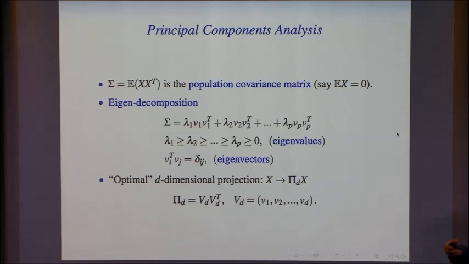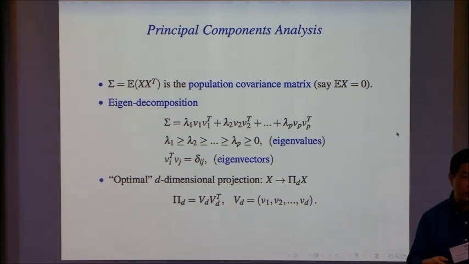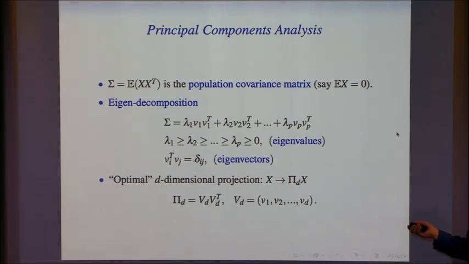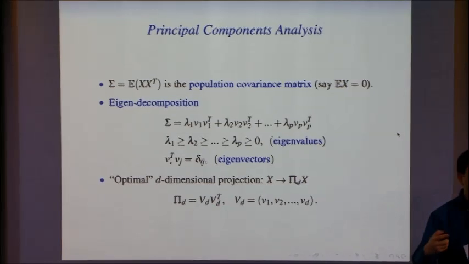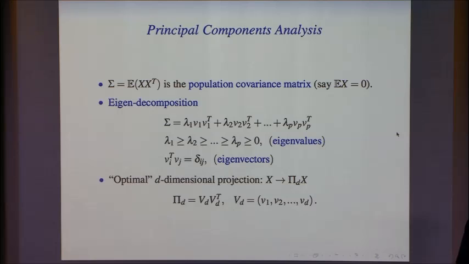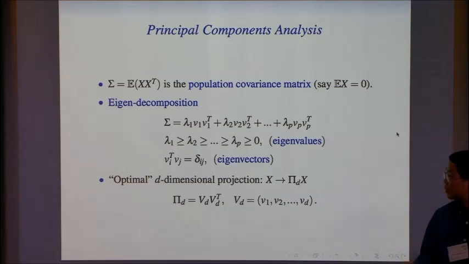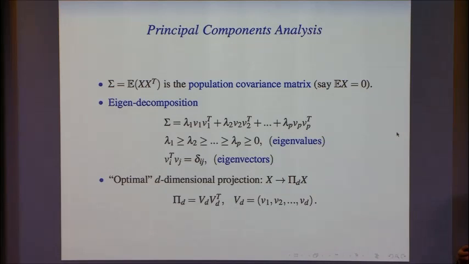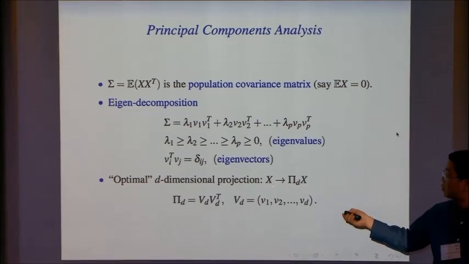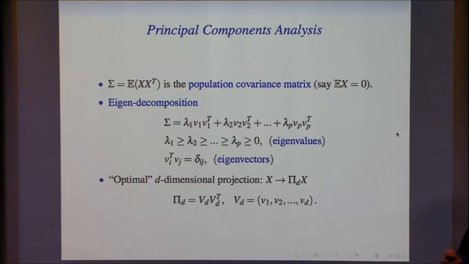So the optimal d-dimensional dimension reduction, in some sense, is given by the projection matrix corresponding to the linear space spanned by the first d eigenvectors. Right. And the optimal instance, it reduces the expected L2 distance between the original vector and the projected vector.